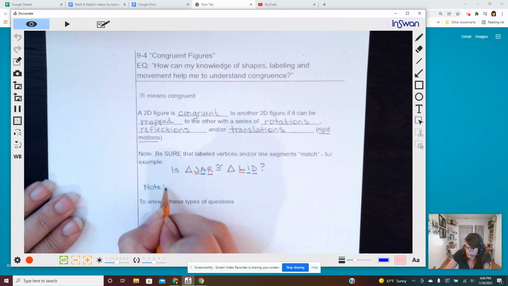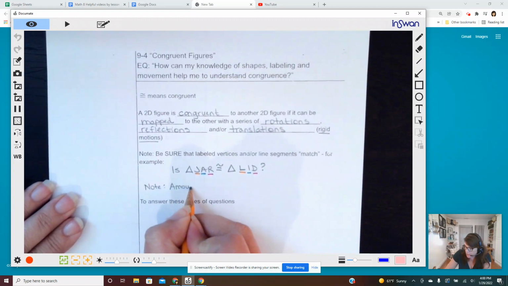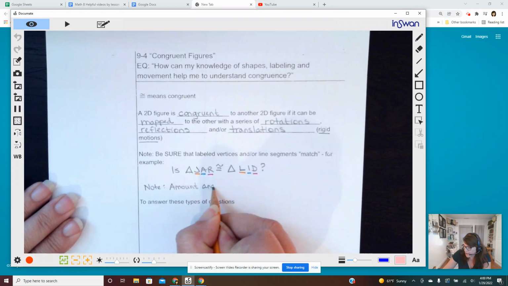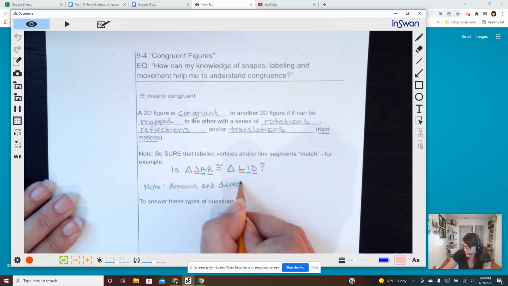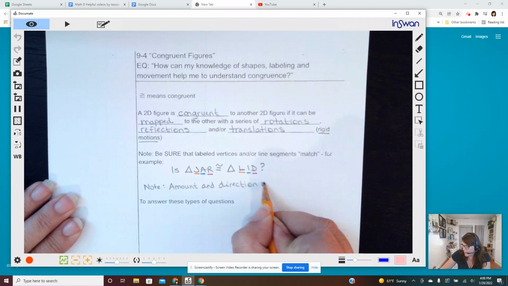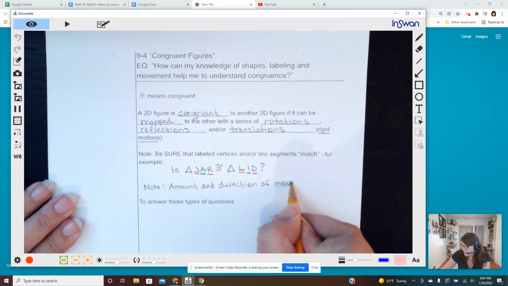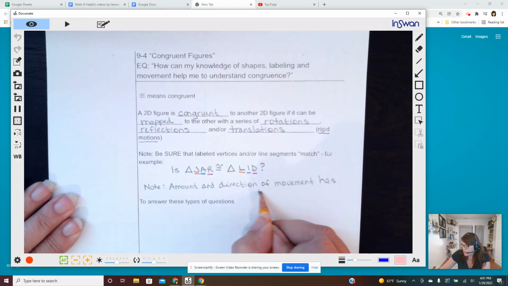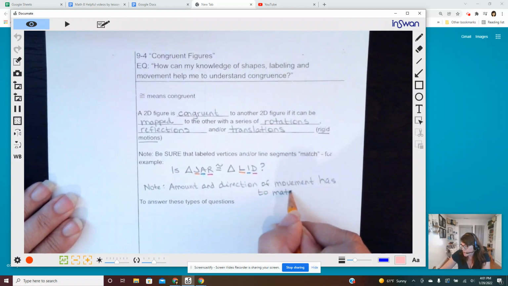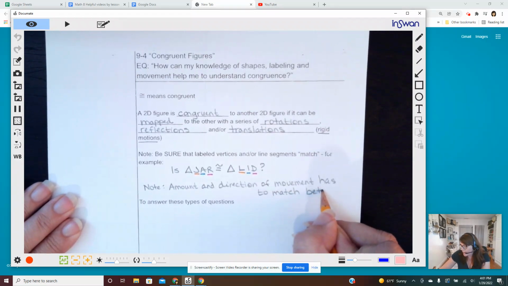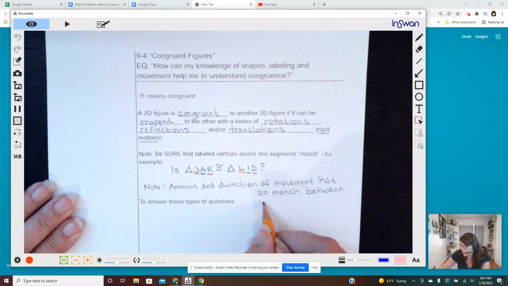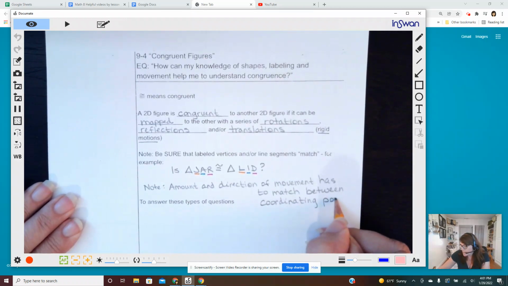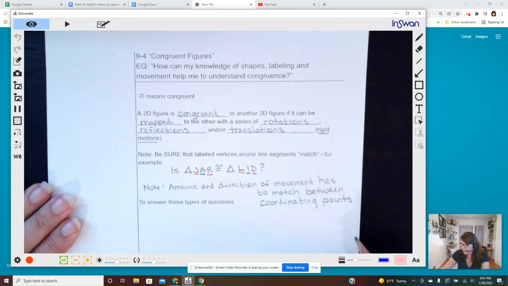Note, the amount and direction of movement has to match between corresponding points.